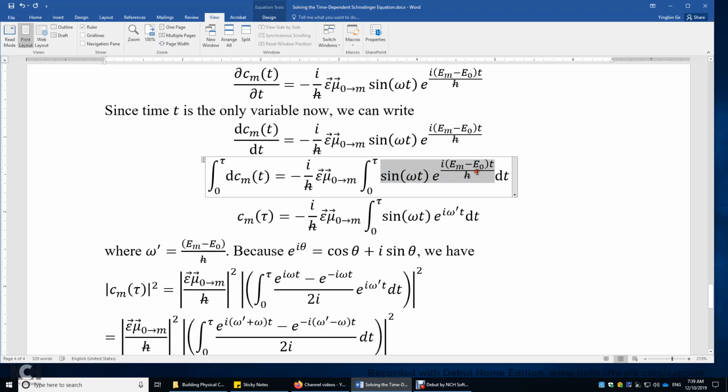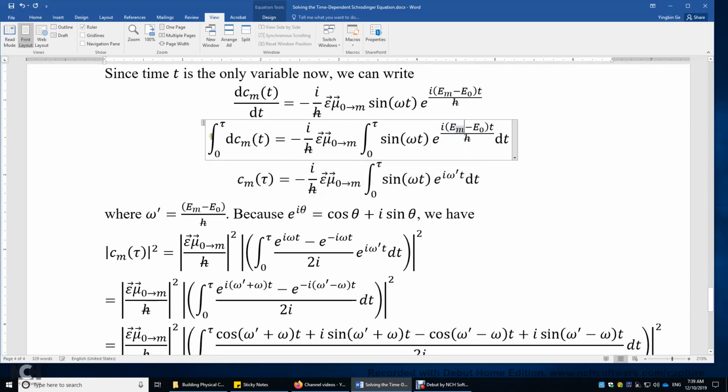If you look at this, omega is the angular frequency of the photon. Omega equals 2 pi nu, and nu is the frequency of the photon. Omega is the angular frequency of the photon times this exponential function. E sub m minus E sub 0 is the energy gap between the ground state and the mth excited state.